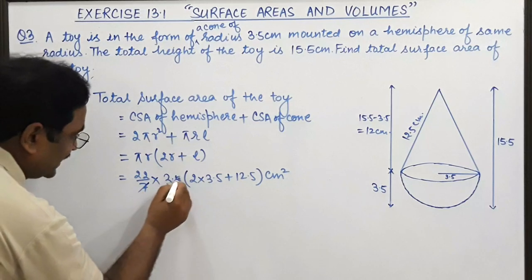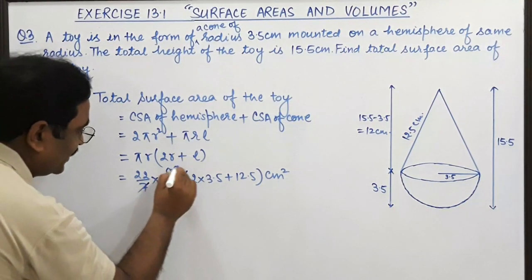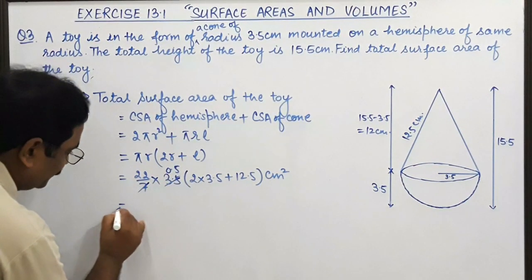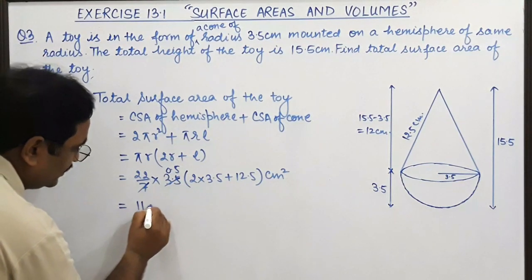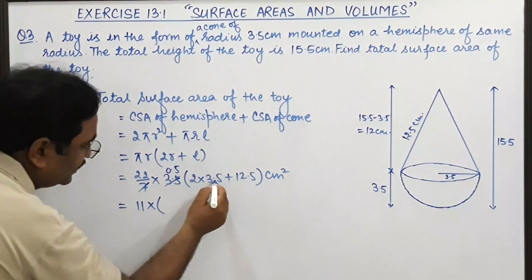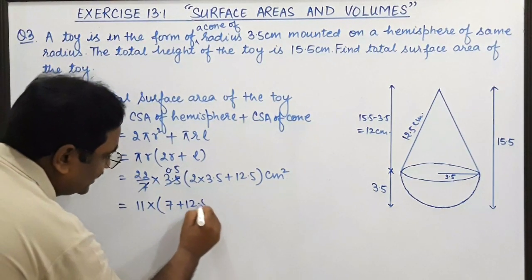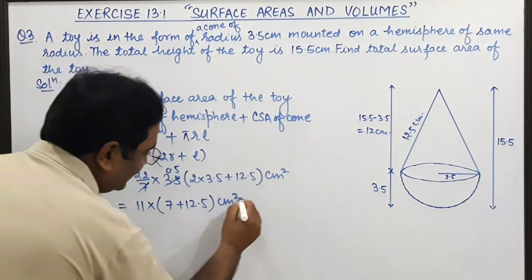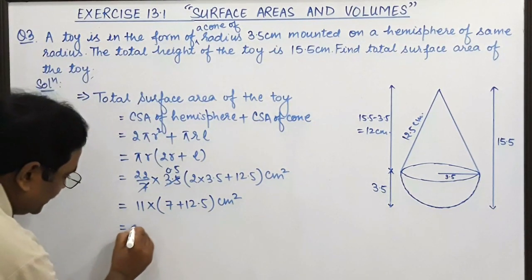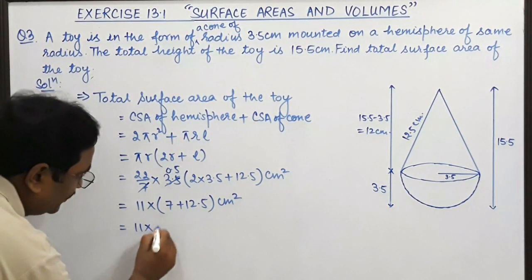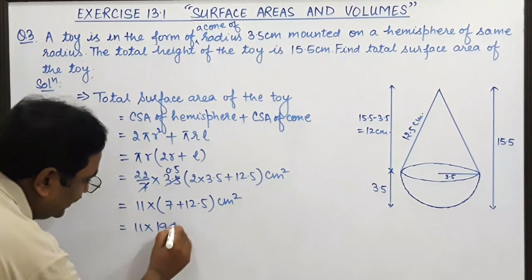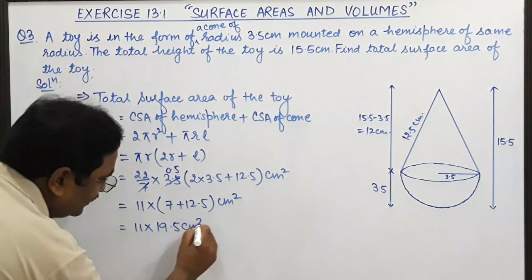So this cancels: 7 5s are 35 and 22 over 7 gives 11 multiplied by 3.5, so 2 times 3.5 is 7, plus 12.5 centimeter square, which can be written as 11 multiplied by 19.5 centimeter square.